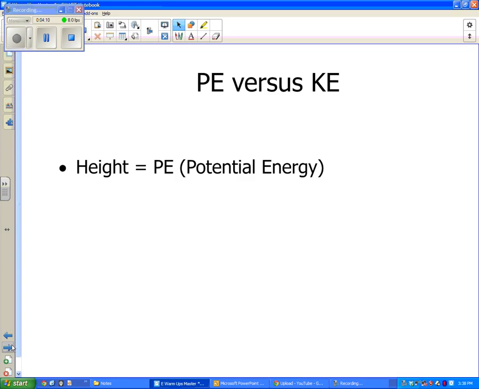Anything moving has kinetic energy. So if anything is moving, you automatically know, boom, it must have kinetic energy. I can't make that any simpler. If it has a height, potential energy. If it's moving, kinetic energy. And if it has a height and it's moving, then it has both potential and kinetic.